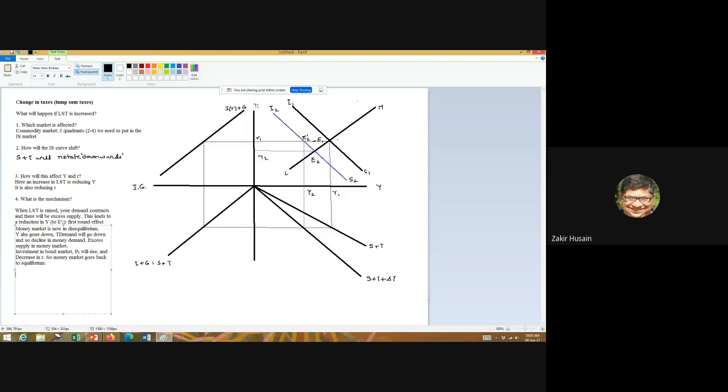Then what happens is, if we come back, we have the second round effect on the commodity market. As R has fallen, investment will rise, and this will partially offset the reduction in Y due to the tax.